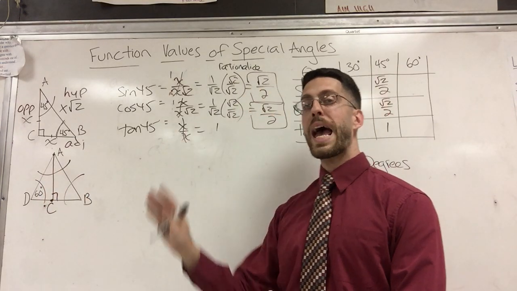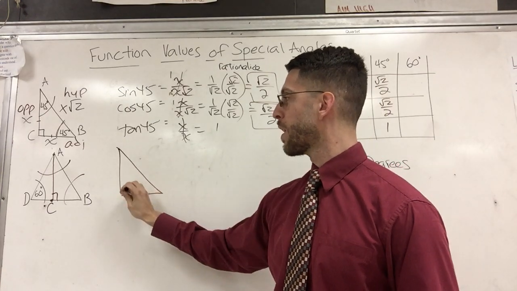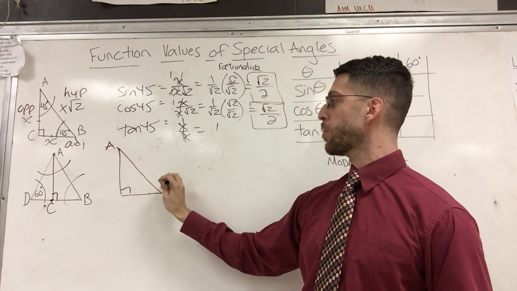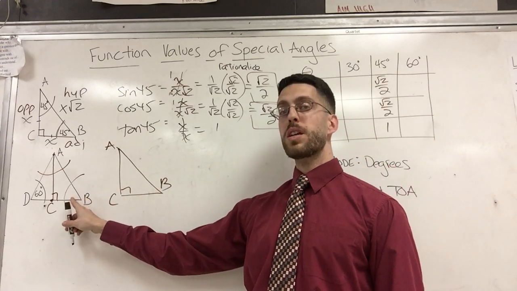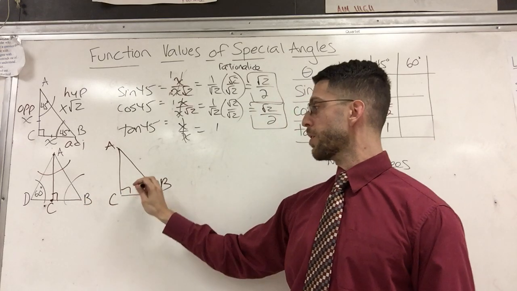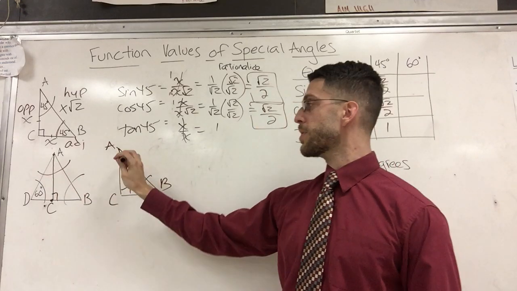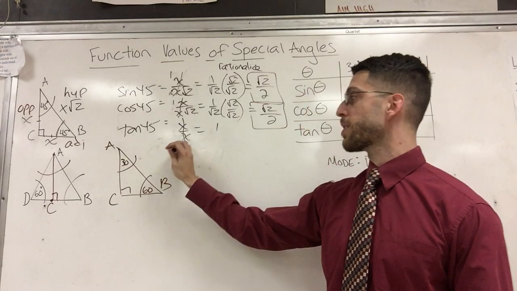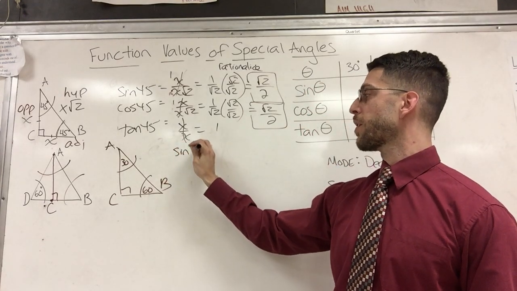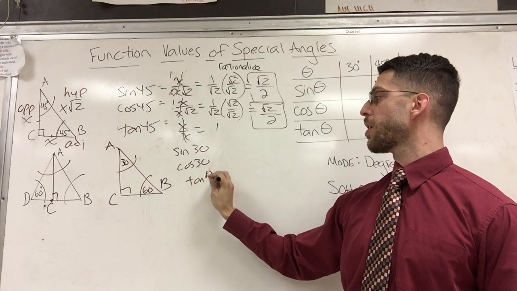Now that I've cut it in half, I'm going to redraw it. Call the top A. This is still B, and C is the right angle. Notice B is still 60 from over there, but A got cut in half, so this is only 30. So now I can ask you a bunch of different questions. I can ask you for the sine 30, the cosine 30, and the tangent of 30.